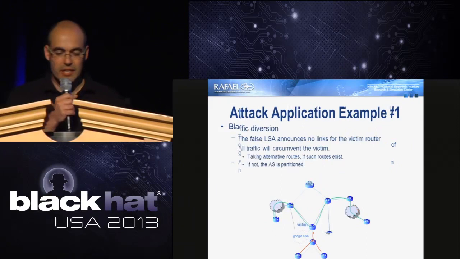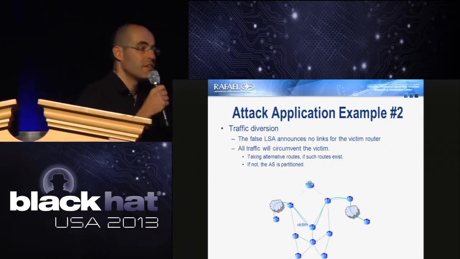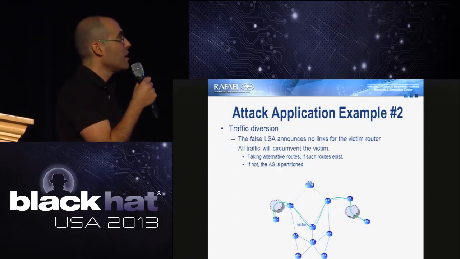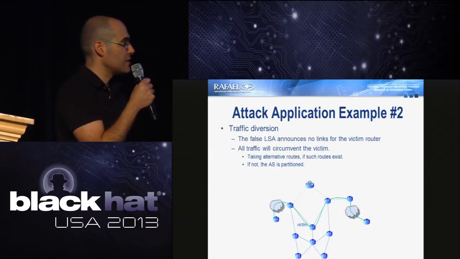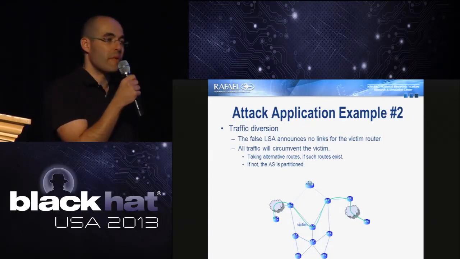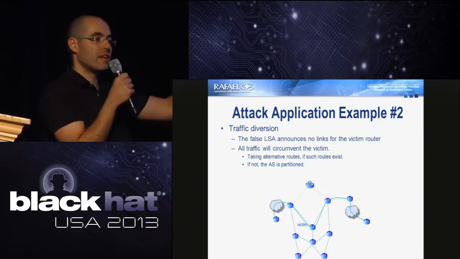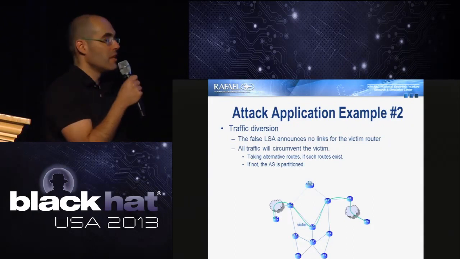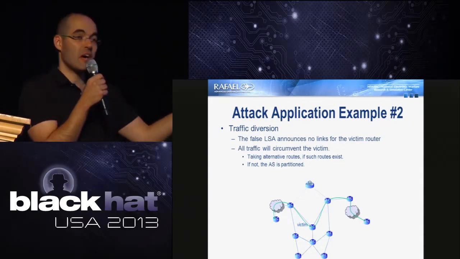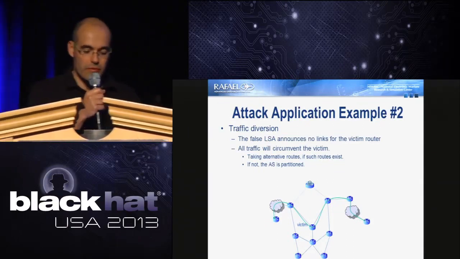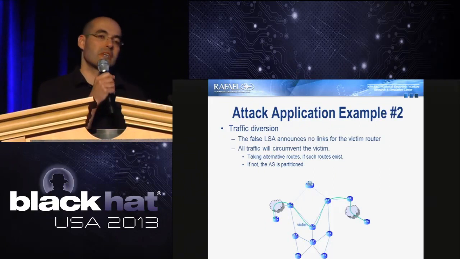Another example is traffic diversion, simply by changing the routes of the packets. For example, in this scenario, we have the green path, and let's say the attacker wishes to change it so that the new route will pass through it. In this particular scenario, what the attacker can do is send a false LSA on behalf of the victim router, saying that the victim router is now disconnected from the network.